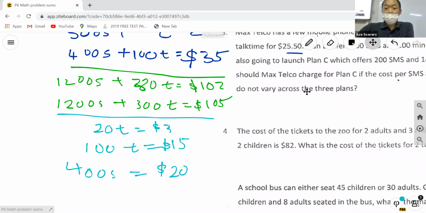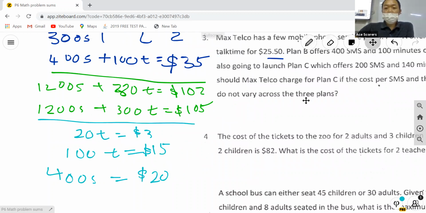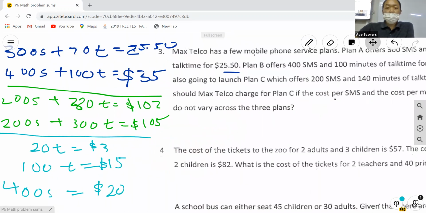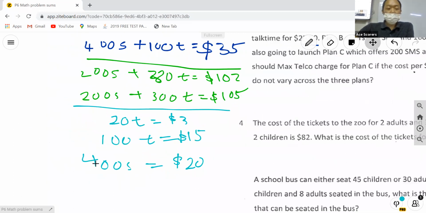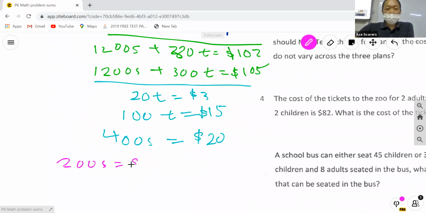So what do we want? 200S and 140T. So 200S equals $10. Then 20T is $3, sorry. Then 140T is 21.